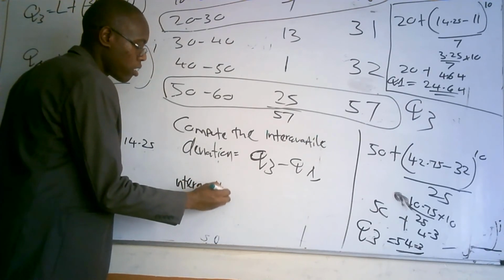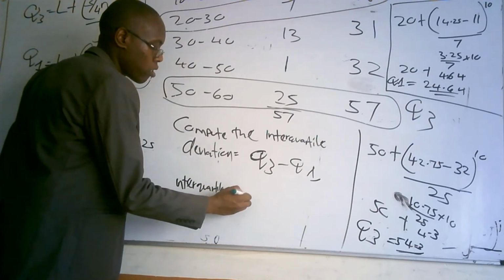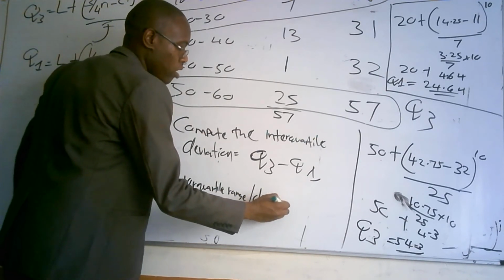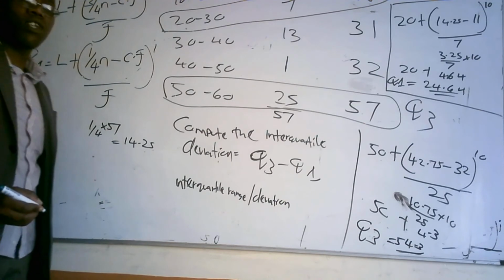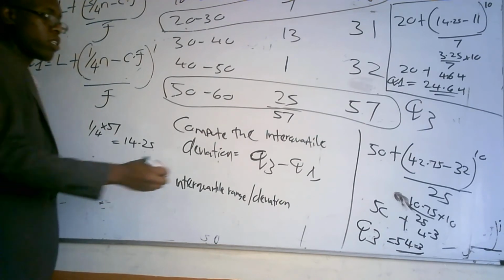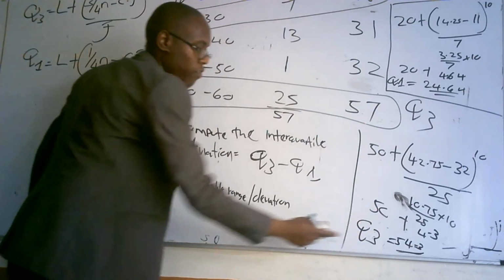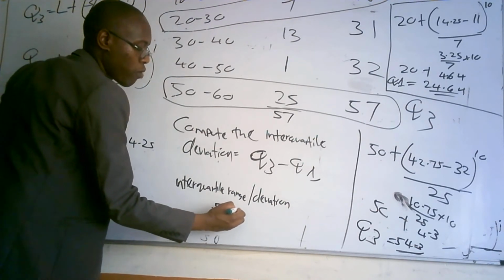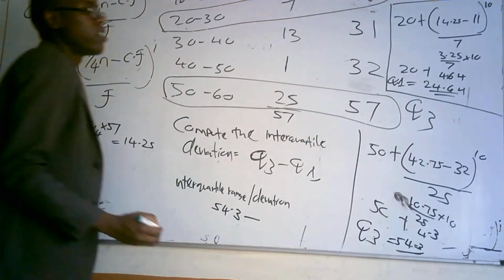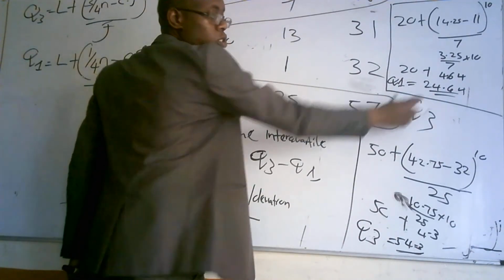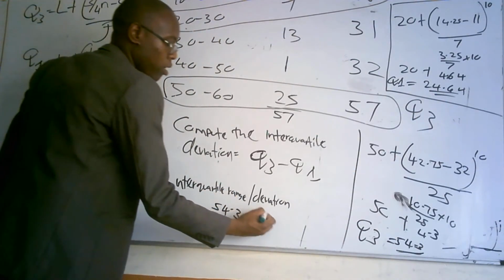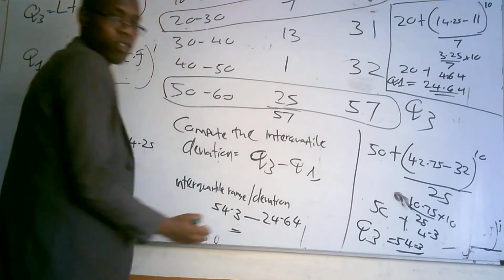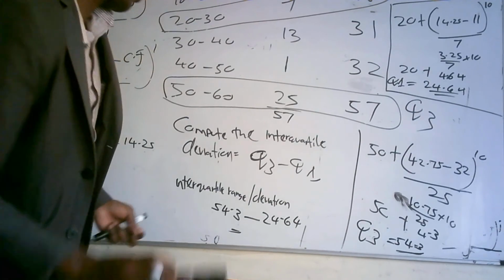interquartile range or deviation will be as follows. You take Q3, which is 54.3, minus Q1, which is 24.64. Then you can use your calculator so that you get the answer correctly.